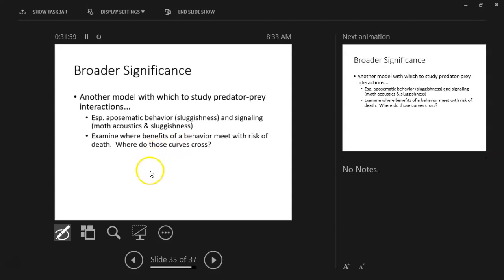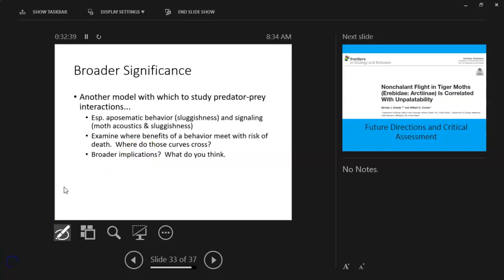It's also a good system in which they can examine the benefits of a behavior, in this case, flight behavior, evasive behavior, against the balance of the risk of death, figuring out where those curves cross. And I suspect that the authors have some other papers that are either published or will be published that look specifically at that, based on some of the things that they were measuring in this study.